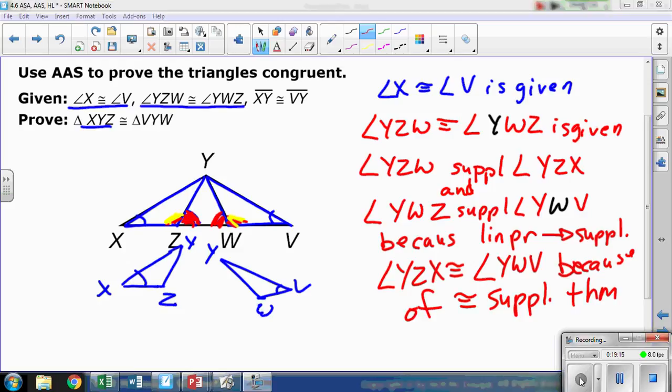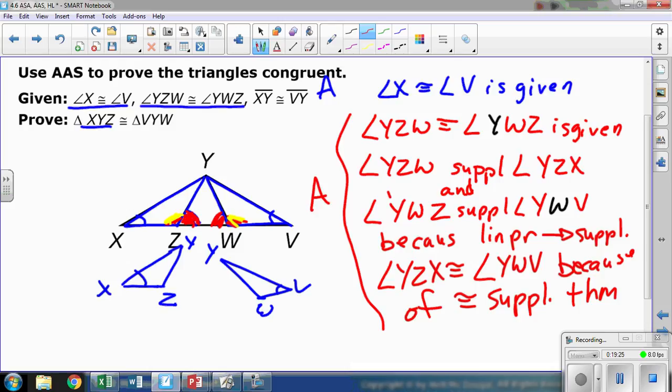So what this winds up giving us then is we've had our first pair of angles. All of this stuff in the red was used to get just the second pair of angles. And then we'll use our given XY is congruent to VY.